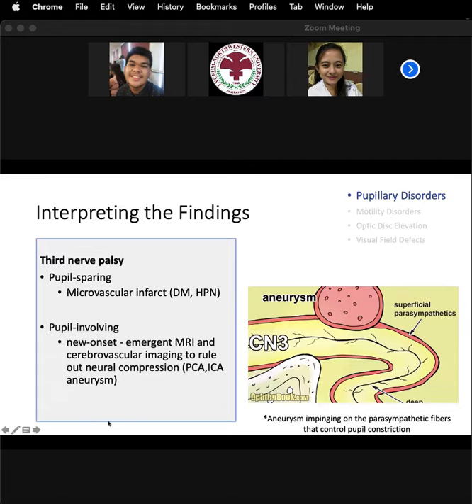If it's pupil involving, it's most likely due to a compression of the superficially located parasympathetic fibers. It can be an aneurysm or a space occupying lesion. Parasympathetics constrict your pupils, so when something impinges on them, a mass effect will cause loss of constriction.